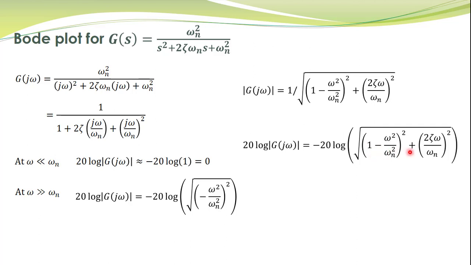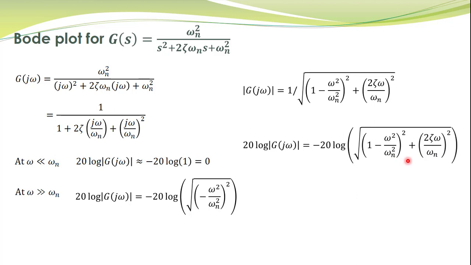Furthermore, although this is also a large number, what is the power of omega here? We have omega to the power 4. Omega to the power 4 is a much bigger number than omega square. Here we have omega square and here we have omega to the power 4. So we can even neglect this term, right?